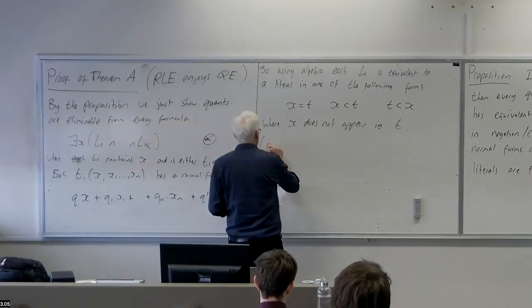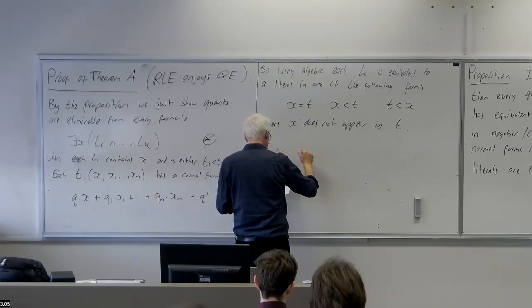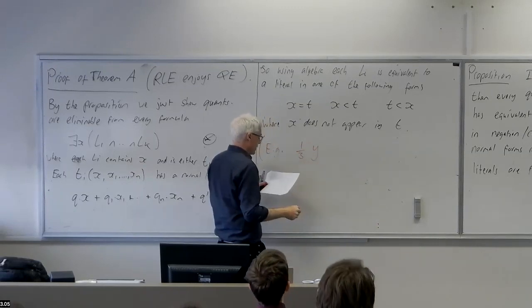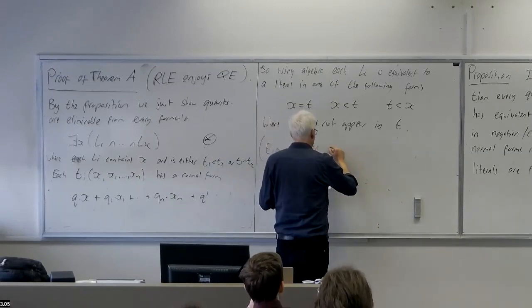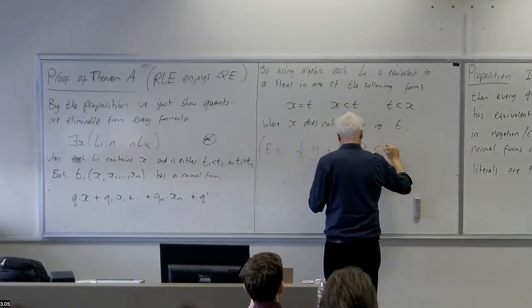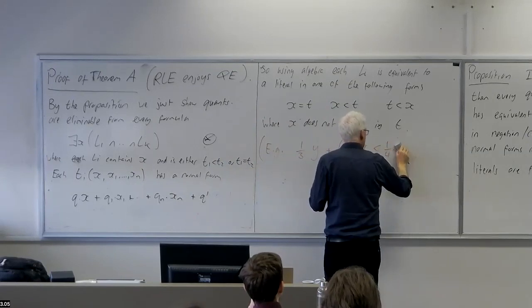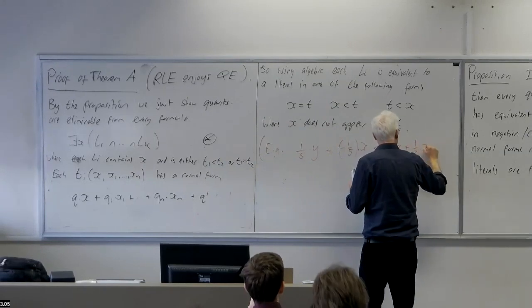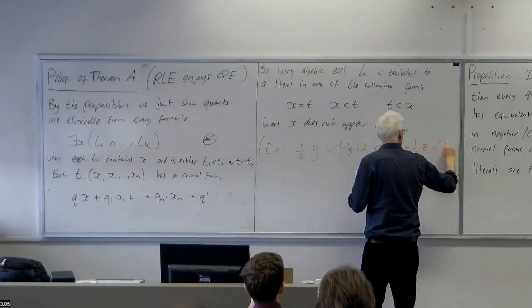E.g., I'm going to use the same example as in my notes: a third times y plus minus a fifth times x is less than a quarter times x plus a half times z plus 2.